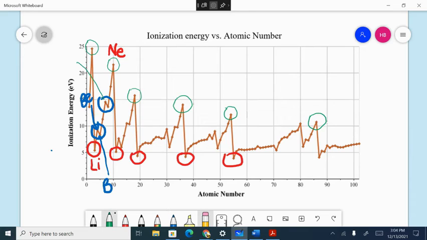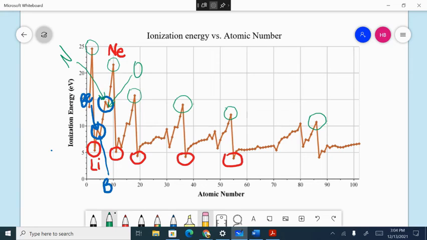Then the next deviation here is right down here. This is nitrogen, where there is one electron in each of the orbitals in the 2p sublevel. They're evenly spaced out. Oxygen here is the first orbital getting doubled up with electrons, and that electron-electron repulsion is what is responsible for the deviation from the trend.